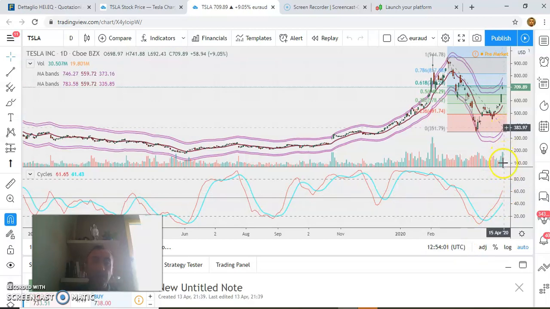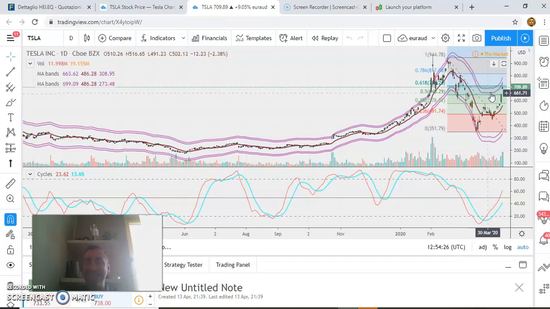Yet you should see this volume here, the volumes are getting higher, and here we have a sort of pinball. After having hit the upper bands, the stock has been retracing from that level. Today, the 15th of April, the next few candles will tell us when we will be triggering the short.